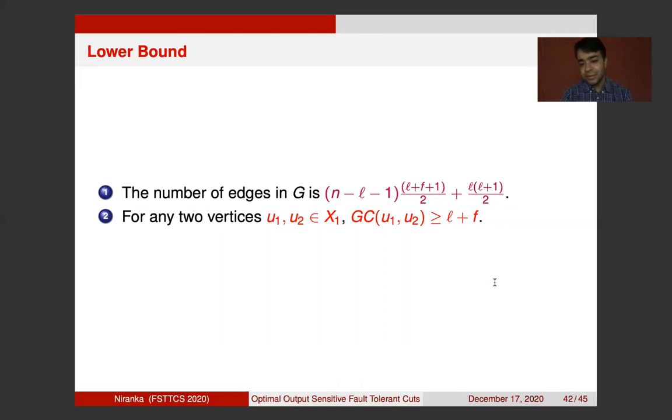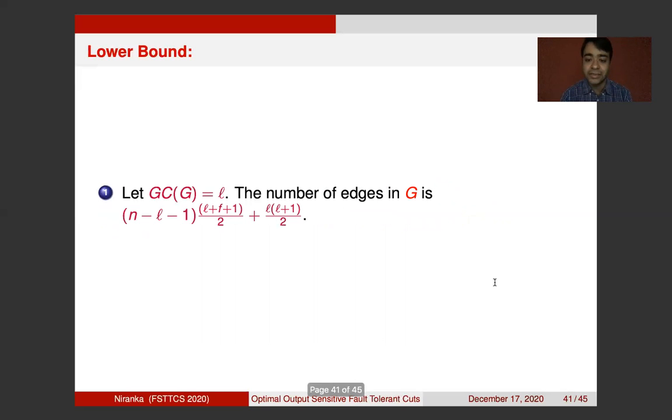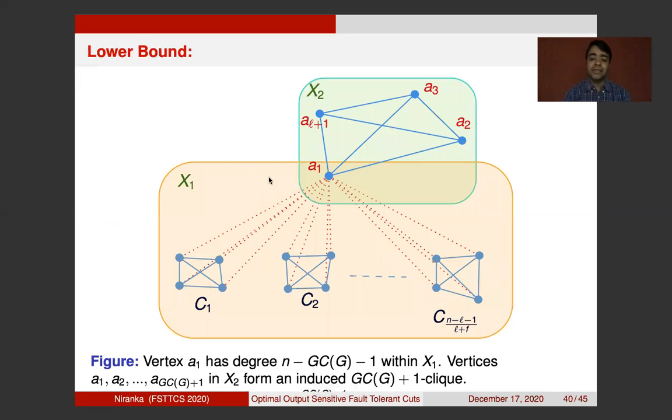Now, this is crucially used because what we want to show in our lower bound is that any FTCS of G must contain all the edges of G, which essentially says that it contains all the edges of this clique. And how do we show that?